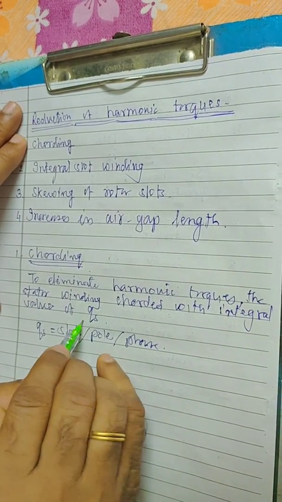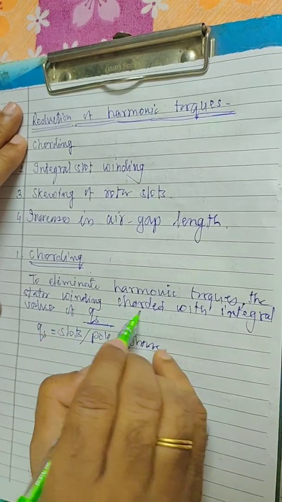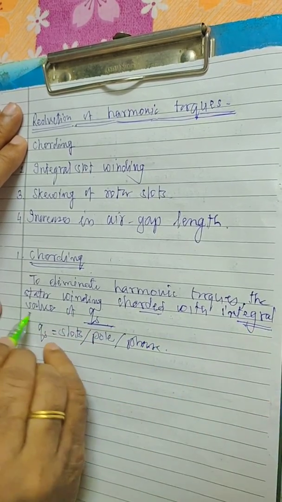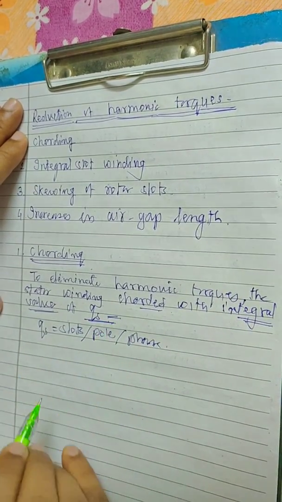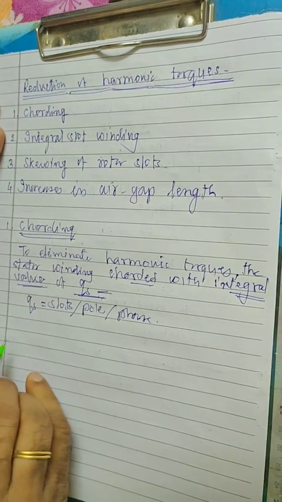This is winding chorded with integral value of slots per pole per phase.